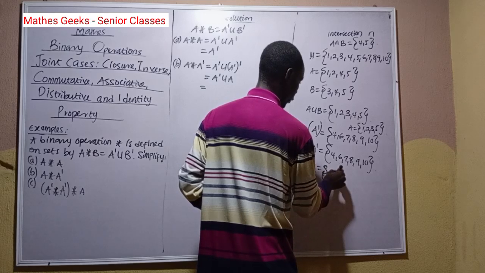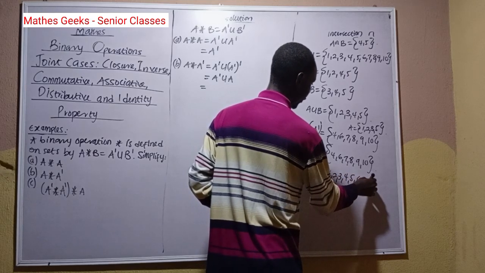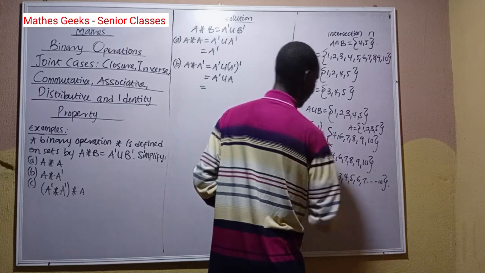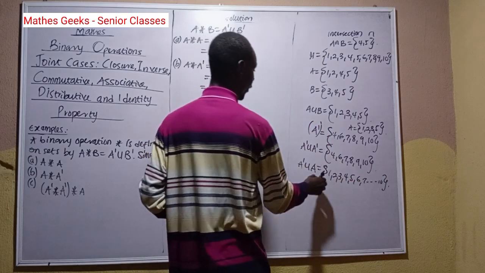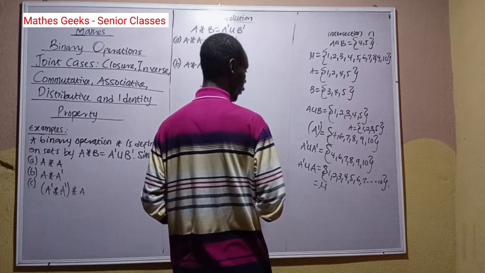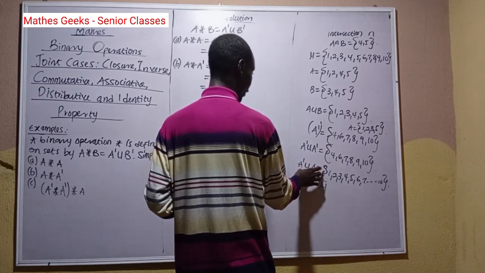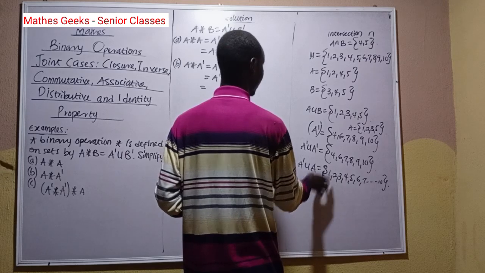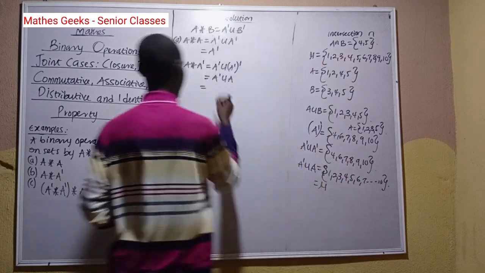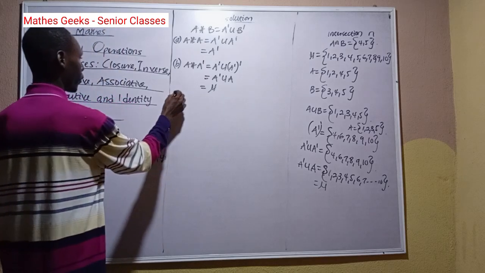So if you join them together, you get 1, 2, 3, 4, 5, 6, 7, up to 10. What do you think you're going to have? You're going to have nothing but the universal set. So if you combine A complement and set A, you will get the universal set back. So this will be the universal set E.